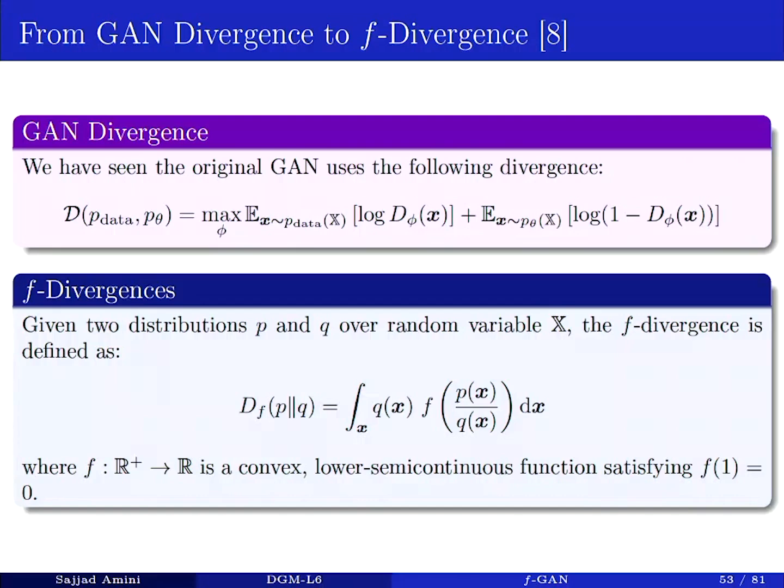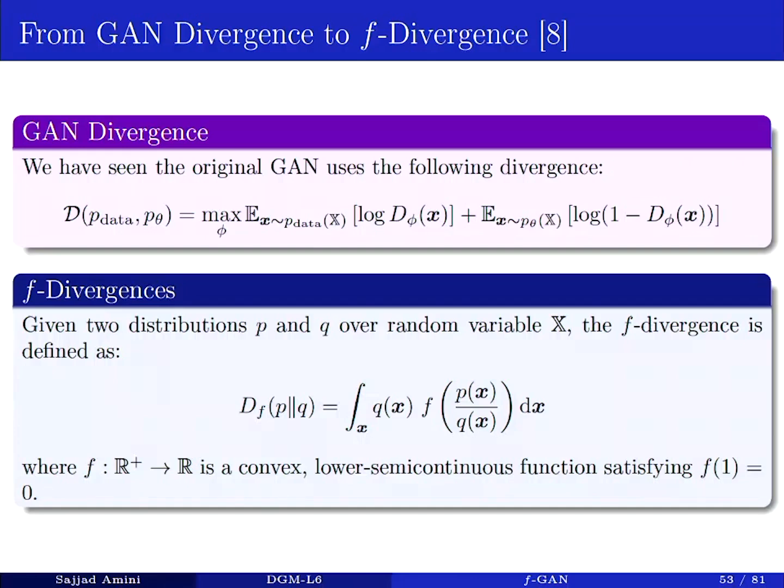It is lower semi-continuous. This property is to some extent complex to explain here, but assume that it is continuous, because all of the functions that we deal with are continuous, and continuity is a more general property of lower semi-continuity.